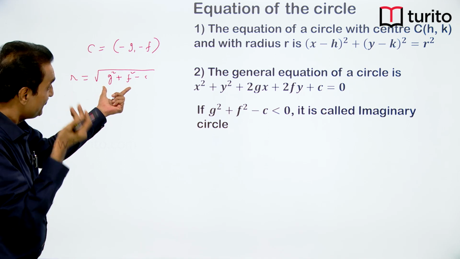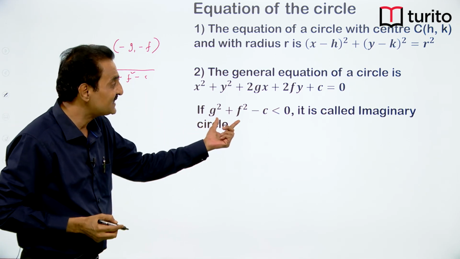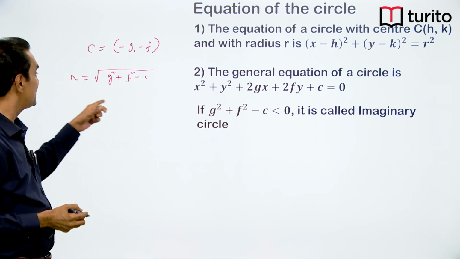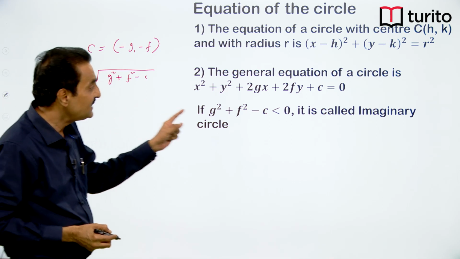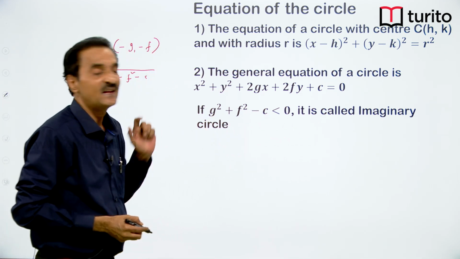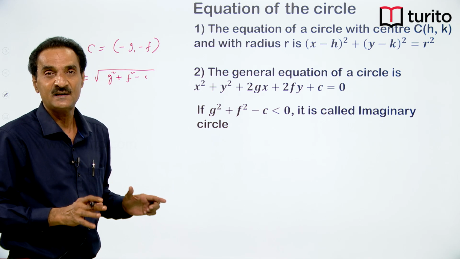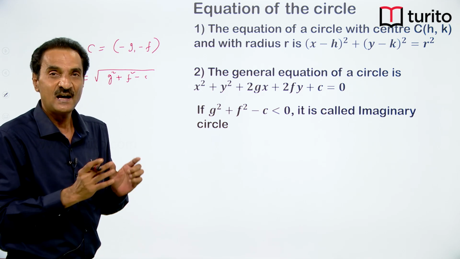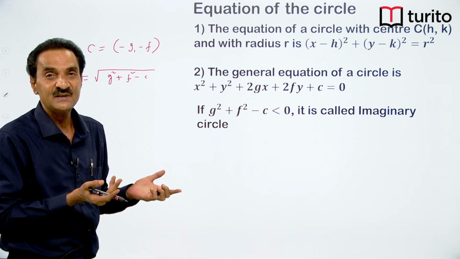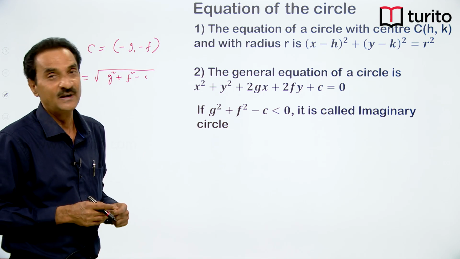Now, if g square plus f square minus c is negative, then this radius is imaginary. Then the circle is called imaginary circle. It is called a circle, but it is imaginary. It has center, but radius is a non-real number.